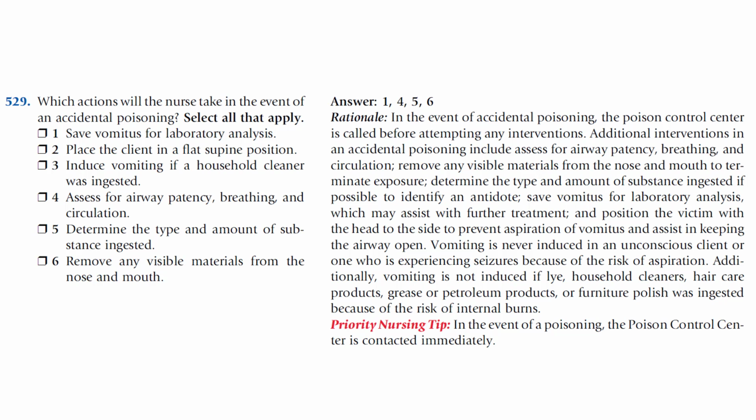Determine the type and amount of substance ingested if possible to identify an antidote. Save vomitus for laboratory analysis, which may assist with further treatment, and position the victim with the head to the side to prevent aspiration of vomitus and assist in keeping the airway open.